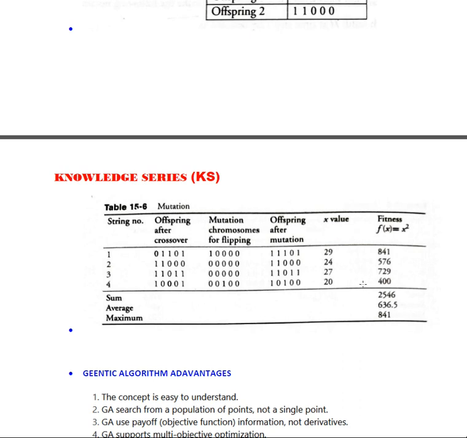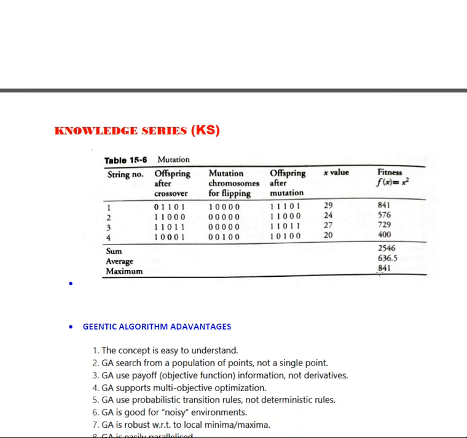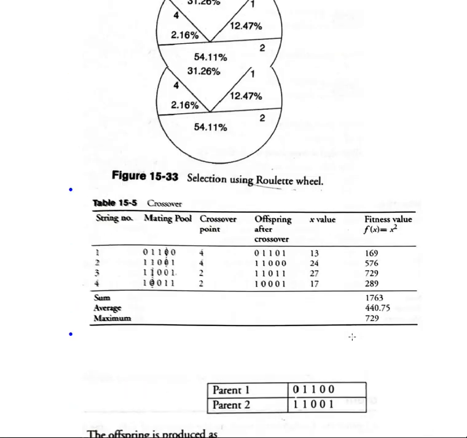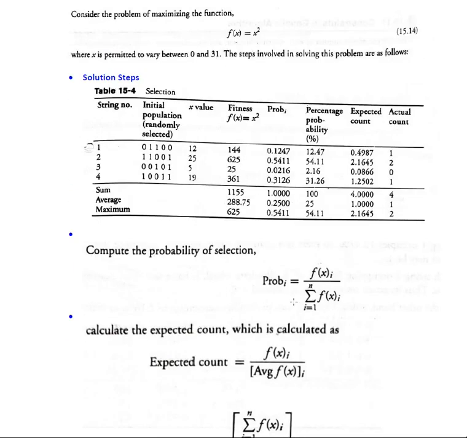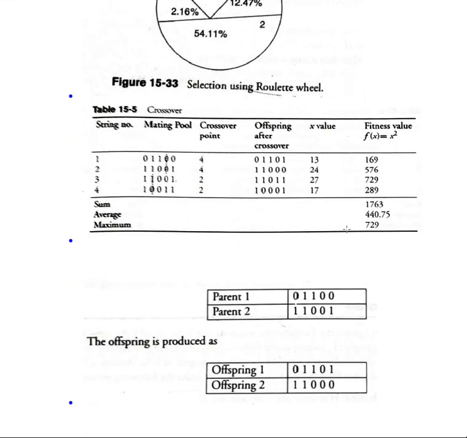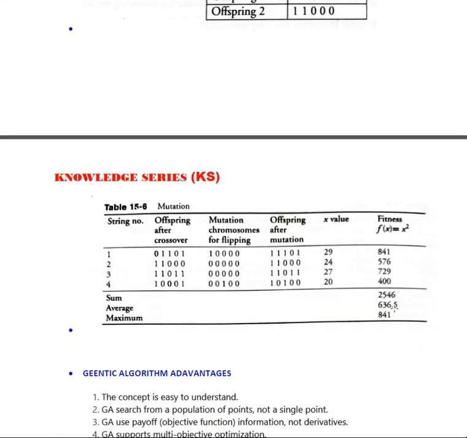So if you look across this particular case, we have got fitness values of 256, 636.5 and 841. Initially we had the value 288.75, and now we have got a new value of 636.5.